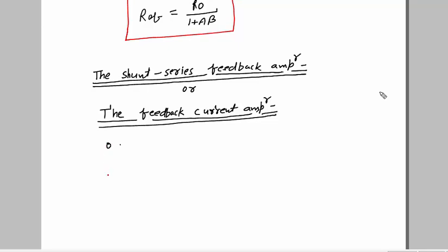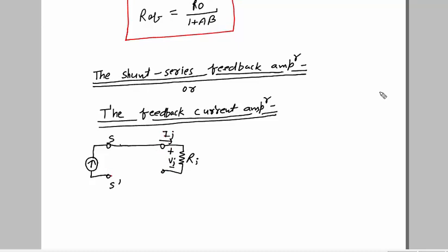We are going to have terminal S dash. Across this the current IS is supplied, and this is connected to the basic amplifier, which has the input resistance Ri, input voltage Vi, and input current II.